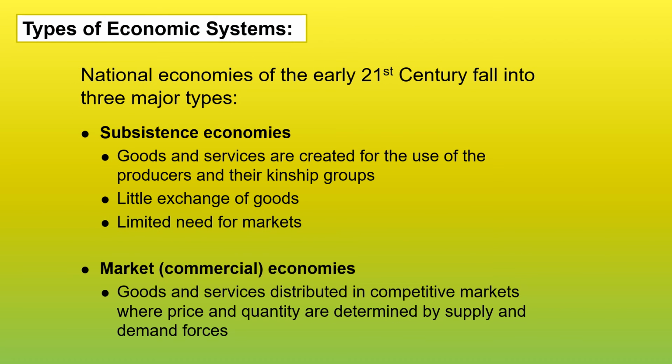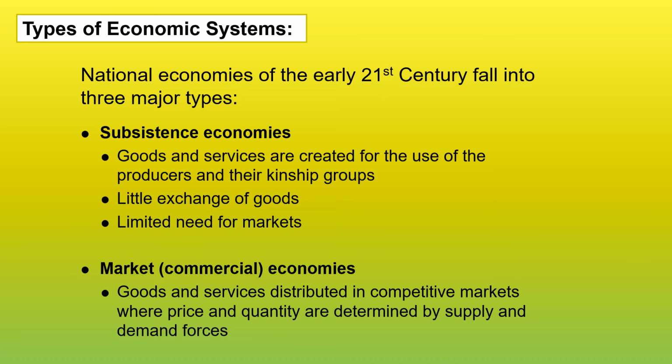Types of economic systems. We'll have three broad types that we'll look at. Those that are subsistence economies, and we tend to classify these as being, say, in the less developed areas where the goods and services that are produced are used locally. It's not for international exchange.